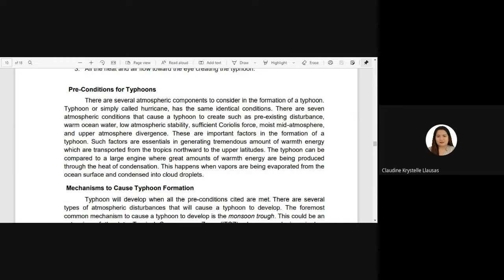From evaporation from the sea or any other watery area on Earth, it is absorbed and condensed, which happens when vapors evaporated from the ocean surface condense into cloud droplets. They condense in clouds, and after condensation, it rains.